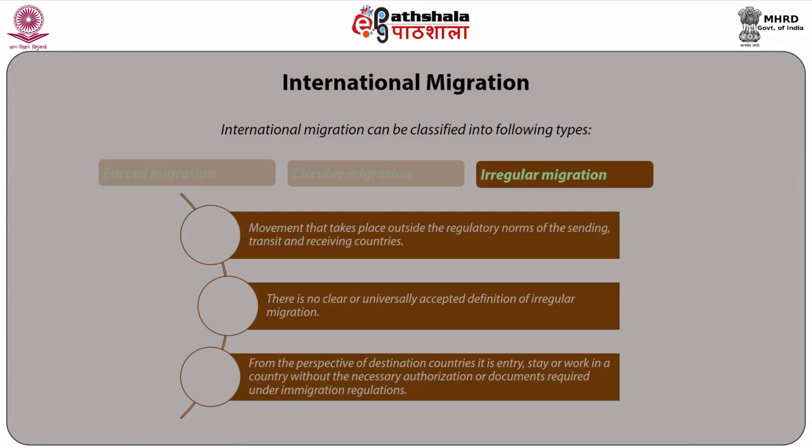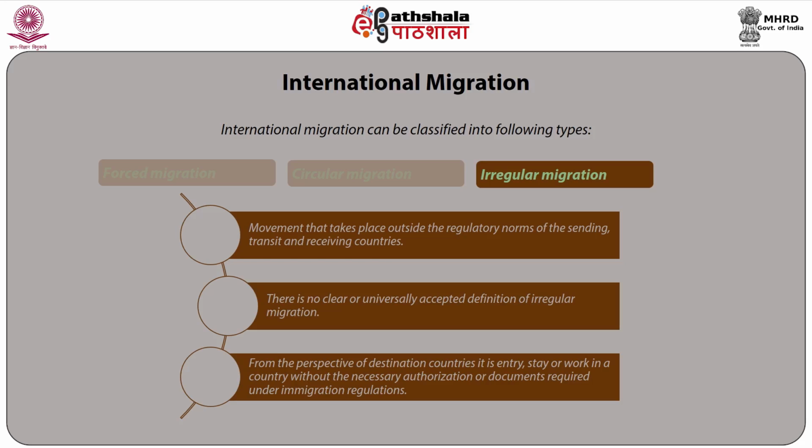Other important type of international migration is irregular or undocumented migration. Earlier, it was also termed as illegal migration. However, now this term has been prohibited in many countries. It refers to movement that take place outside the regulatory norms of the sending, transit, and receiving countries.